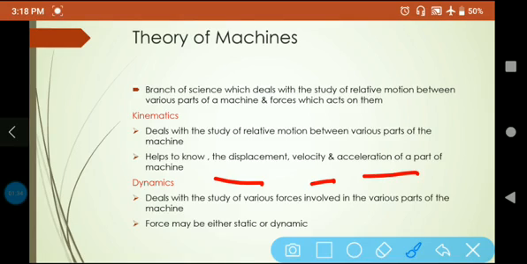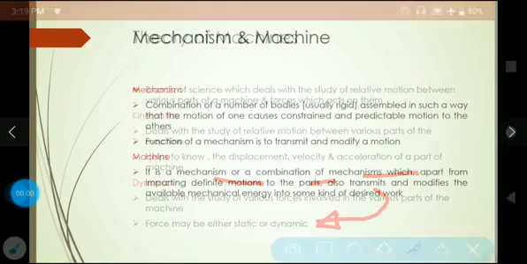Once you have an understanding about velocity and acceleration, then we can use that understanding to find the force. So you will have a course on dynamics of machines in the next semester, where you have to use the understanding that you have from this particular course.